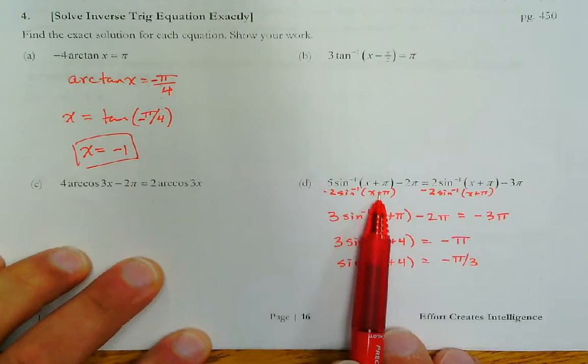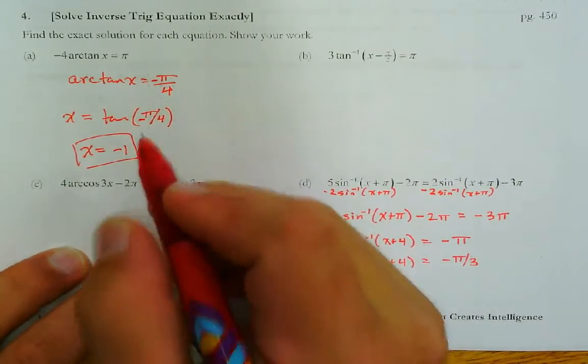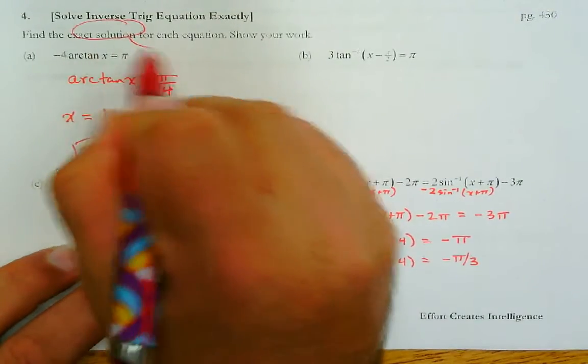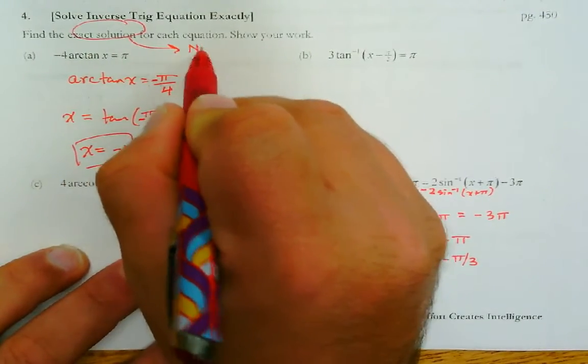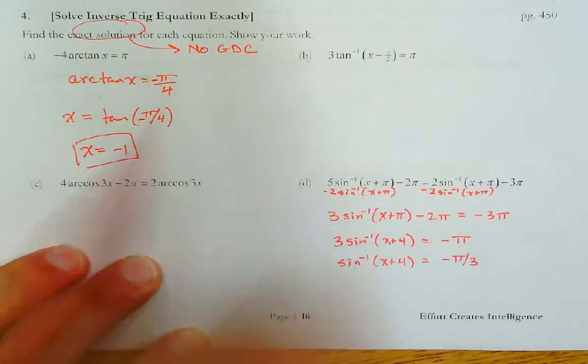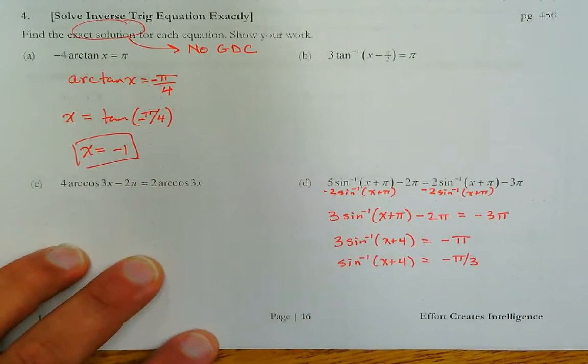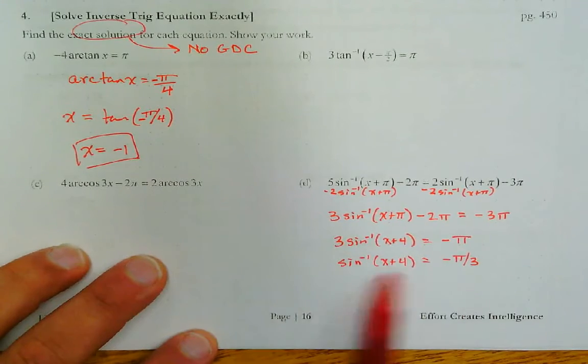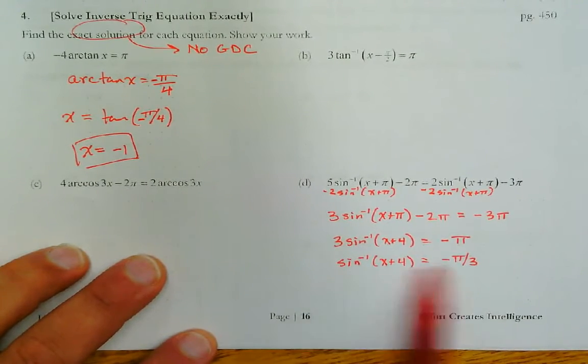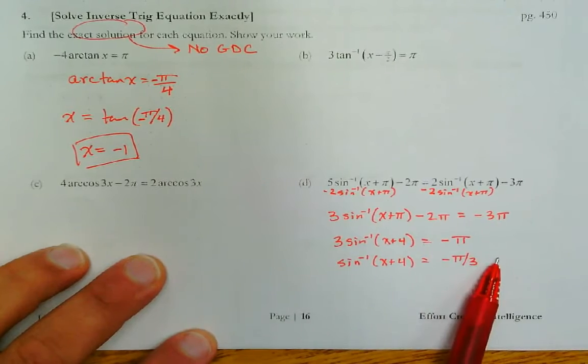Right? And I want to be showing each of these pieces. And once again, remember that when it says exact solution, the implication is that you need to show all your work as if you didn't have a calculator. Of course, you'll be able to use a calculator to check your work. Okay? So here, undo the inverse sine by taking the sine of both sides. Right?